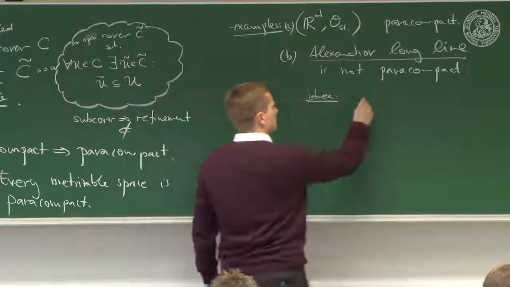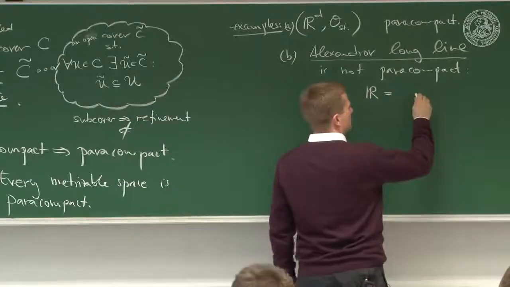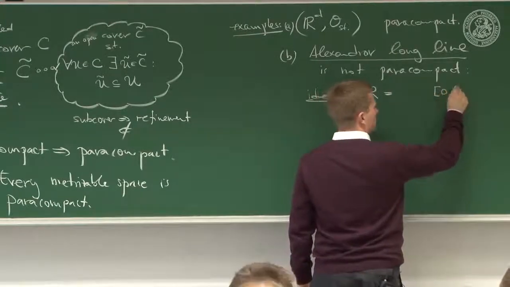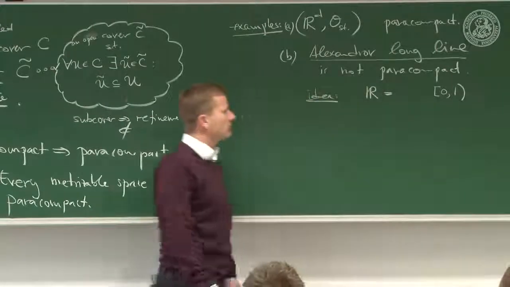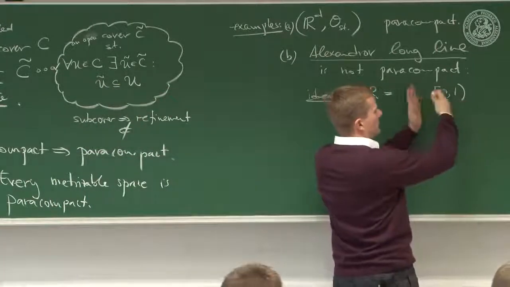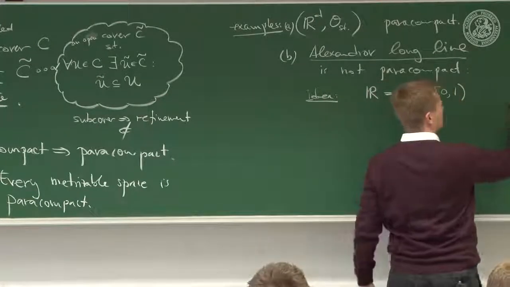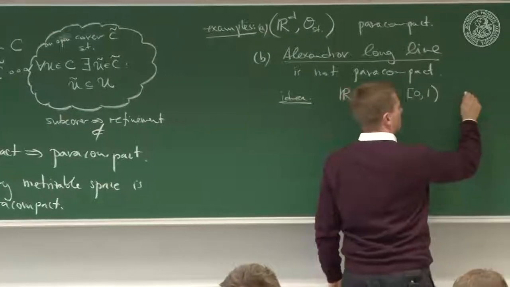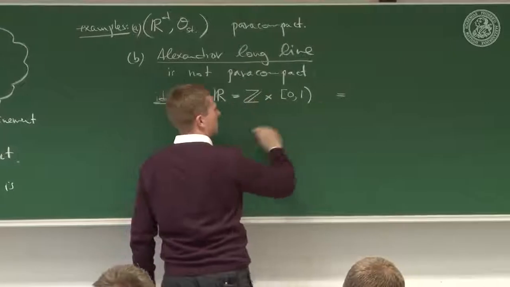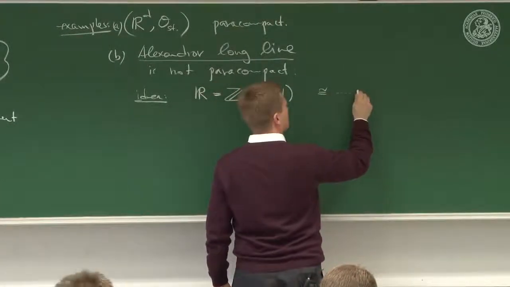The idea is that the standard real line can be understood as taking the interval from 0 to 1, left closed, right open, and then attaching another one to it, and another one to it, and another one to it. So it's a little bit like taking many of those. I already write Z cross this, which intuitively looks like this.